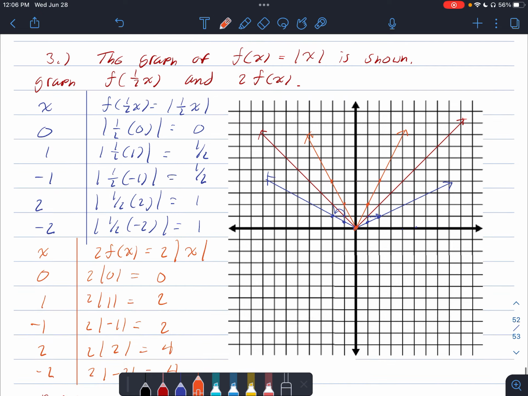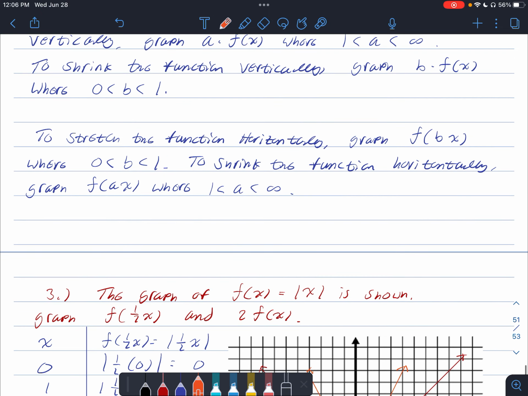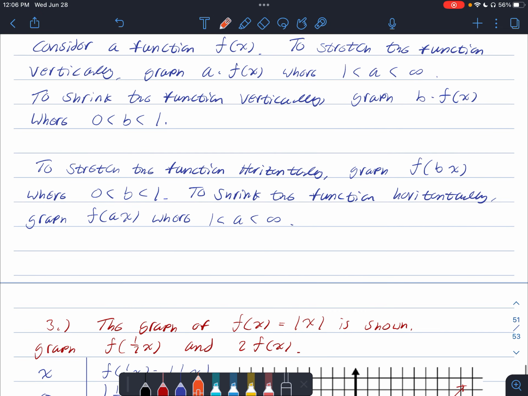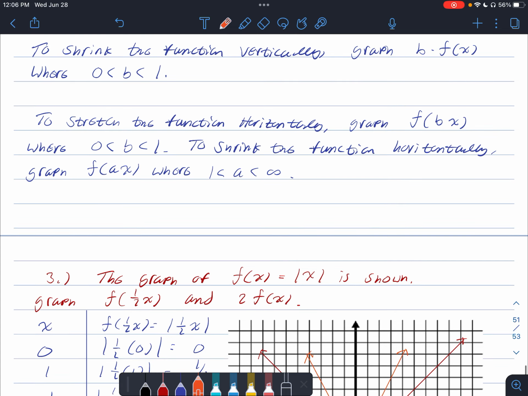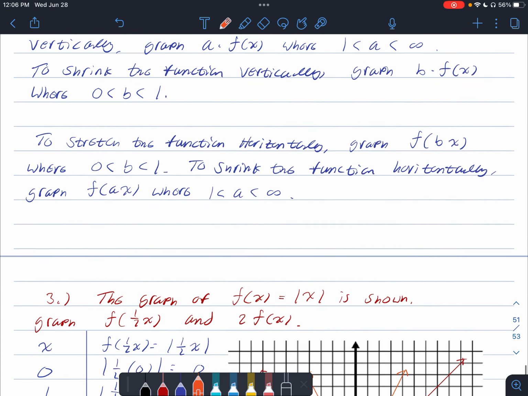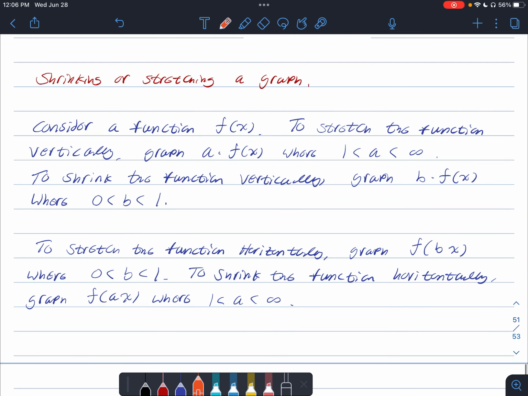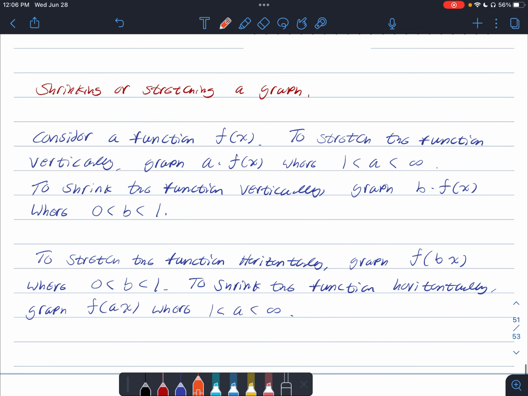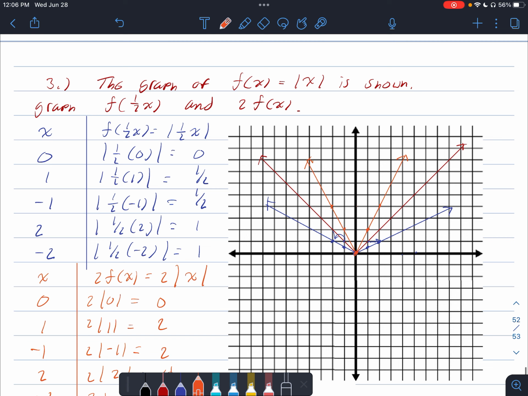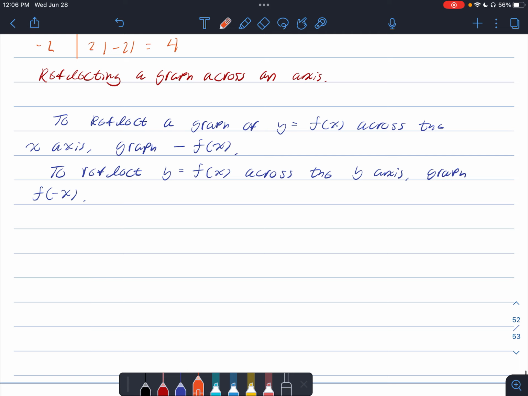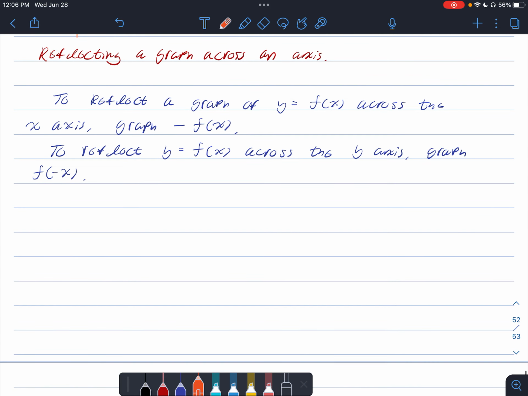This did show that we multiplied by a number greater than 1 on the outside, so that means we did stretch the function vertically. This initial point here moved up here, and this one moved here. So we're seeing it stretch vertically. That followed our rules.